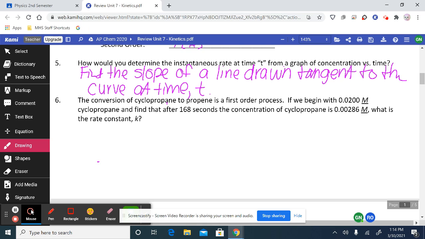Okay, and that would be equal to the instantaneous rate. And we can do that for reactants or products on that graph.